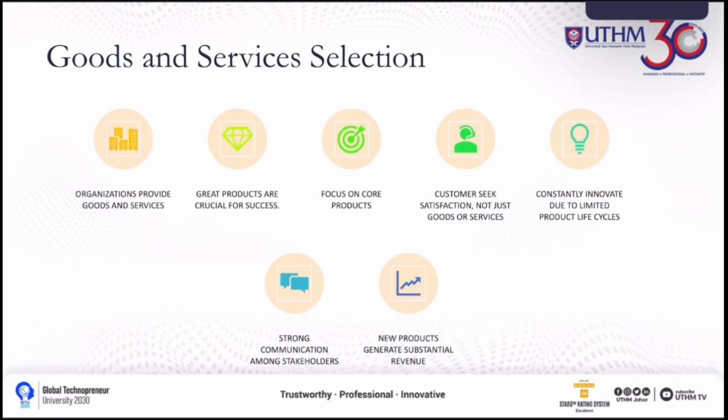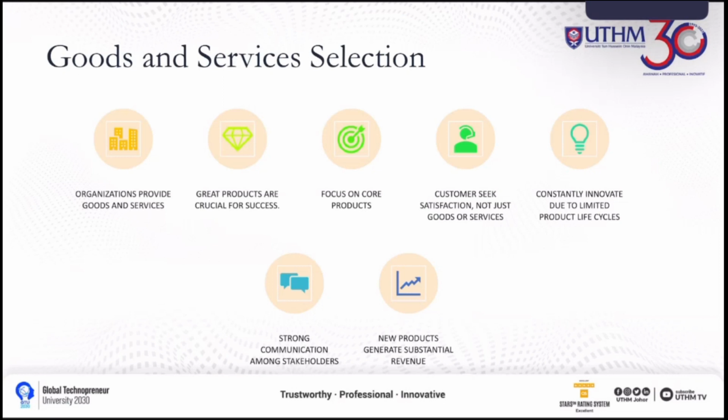The third one is to focus on the core product. When you are doing your business, you will have a lot of products, so you need to focus on the core one. What are the core products of your business? Think about the example of Coca-Cola.